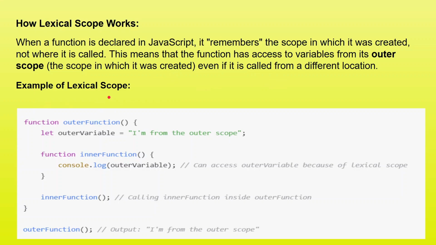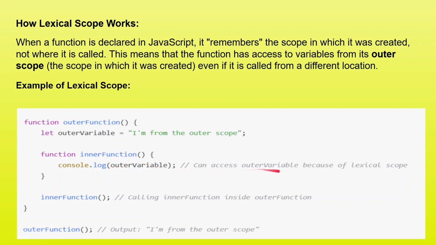Example of lexical scope. Here we have a function named outerFunction. In that we have a variable, let outerValue, and we have assigned it "I am from the outer scope". In outerFunction there is one more function, which we have named innerFunction, and in that we are printing with console.log the outer variable.